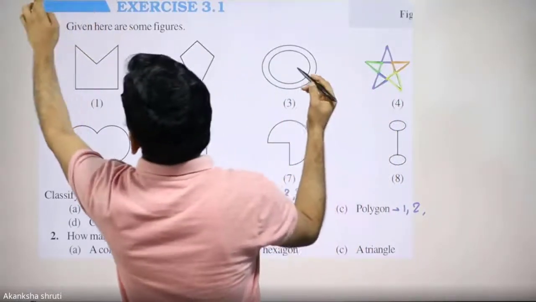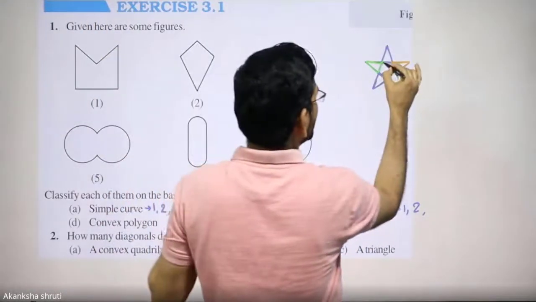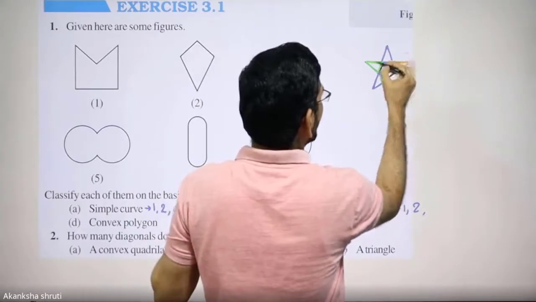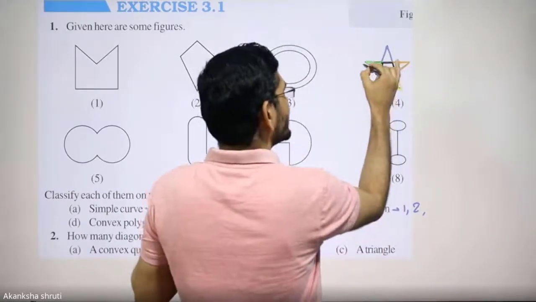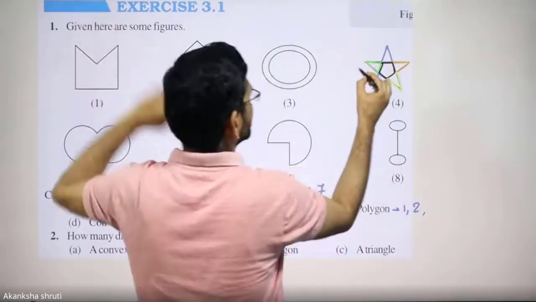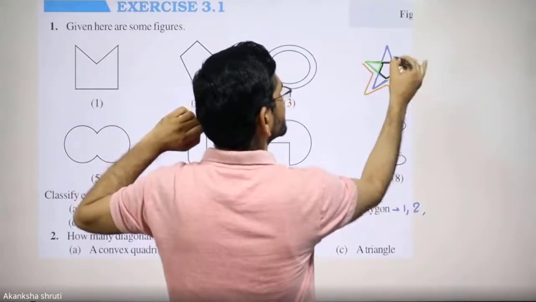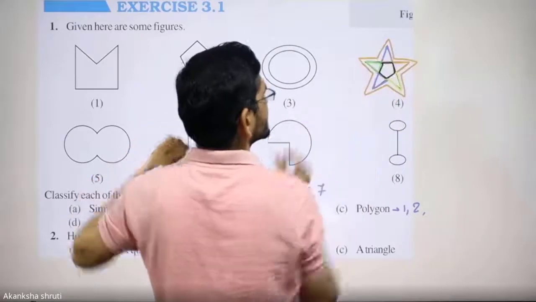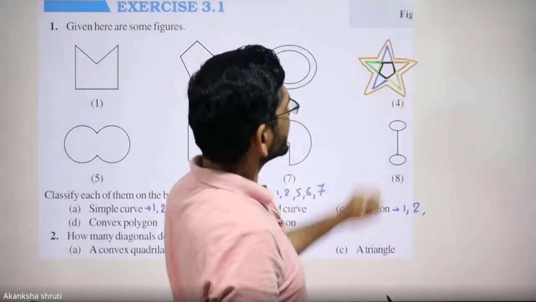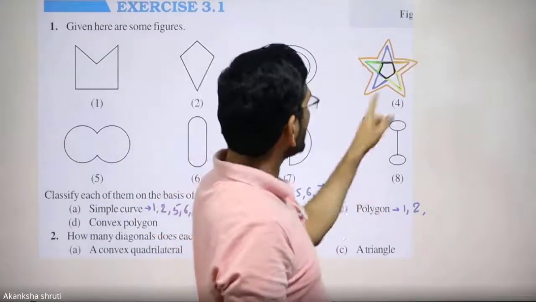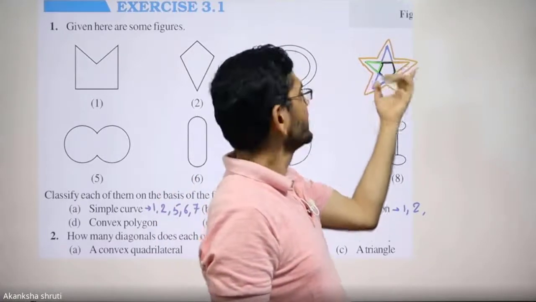Students, the last one, you may start from here, you may get this one also, or even you may get a different one like this. So it can be a star like this. So various polygons are hidden in this figure.